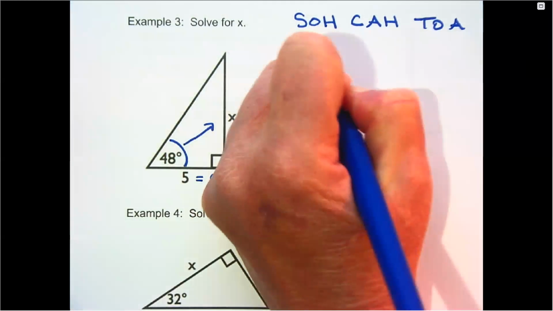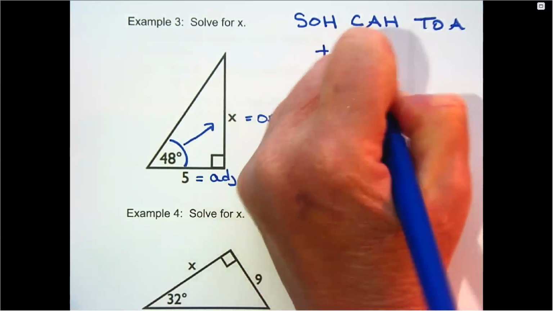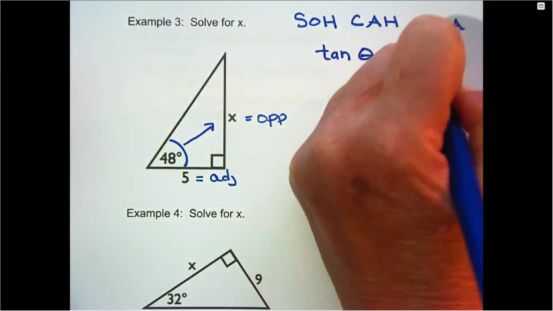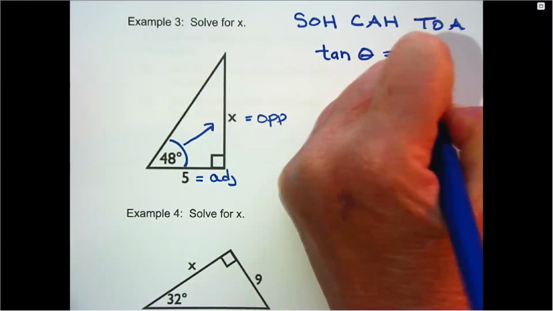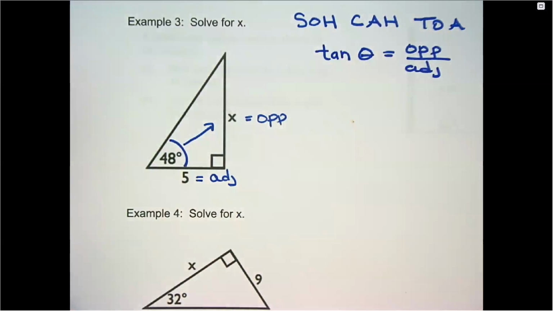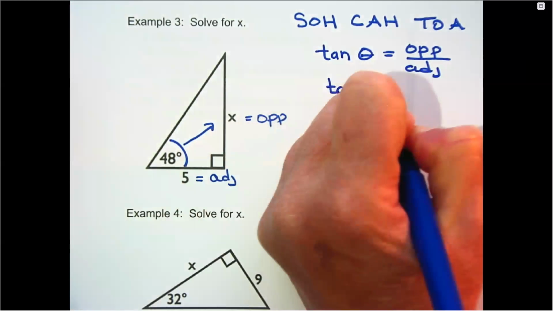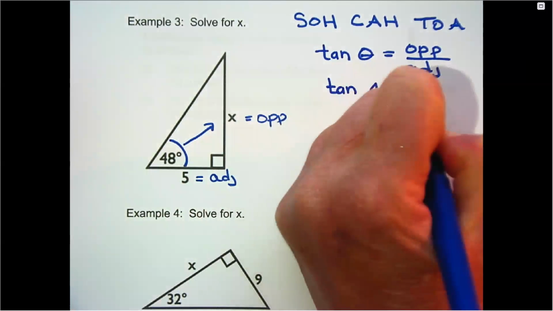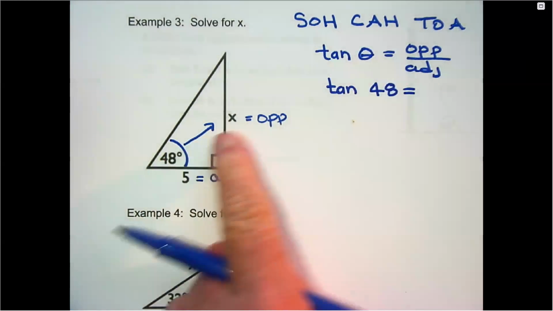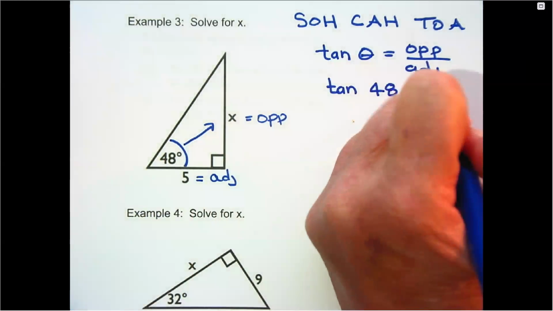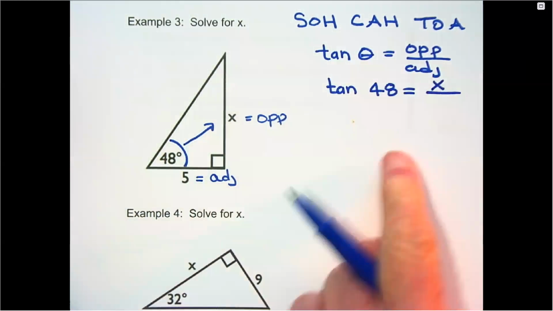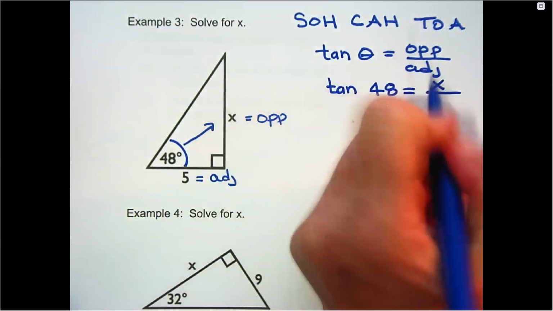So the rule says the tangent of an angle is the side opposite over the side adjacent. So I can say the tangent of 48 degrees is the side opposite, x, over the side adjacent, 5.